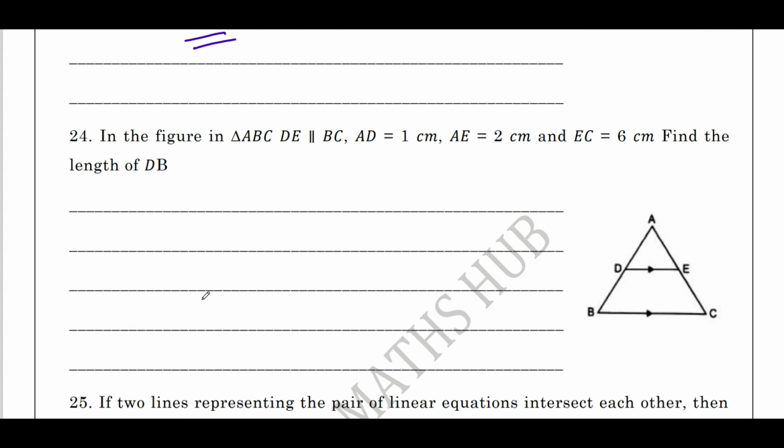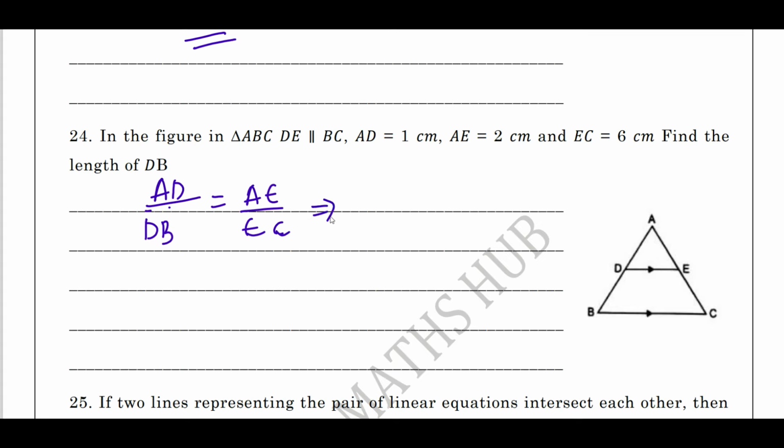The same way in the figure, triangle ABC, DE is parallel to BC, AD is 1, AE is 2, EC is 6 centimeter. Find the length of DB. Again by using the concept of Thales theorem, AD by DB equals AE by EC.